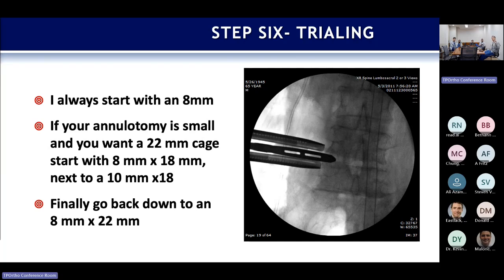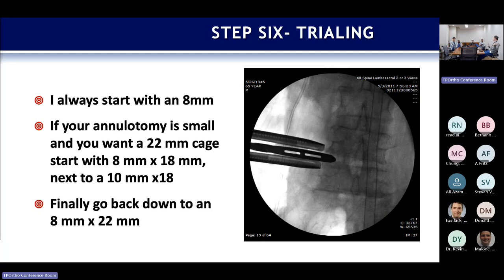The other thing is, like, people that say they can't get a 22 millimeter cage, and I'm usually like, that's probably not true. If you just think about an area, right? Which is length times width. If you can get an 18 in that's 10 tall, then theoretically it's 180 millimeters squared, right? So if you do the math on a 22 by 8, it's actually 176.